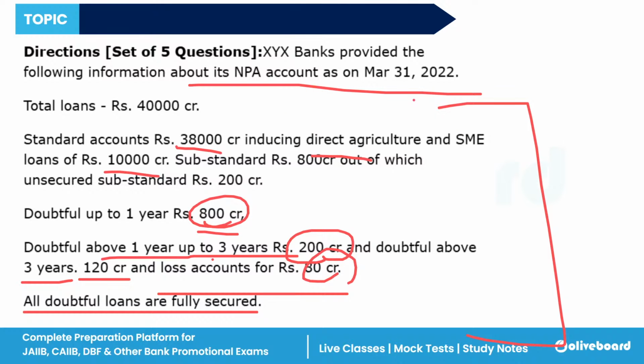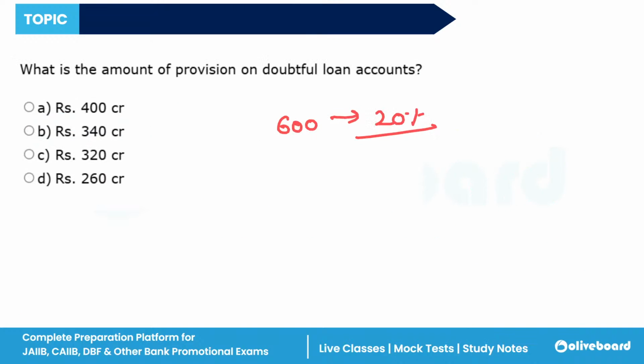Why? Because in the substandard assets, 800 crores are there, but 200 crore are unsecured, right? So this means 600 crore are secured and 200 crore are unsecured.